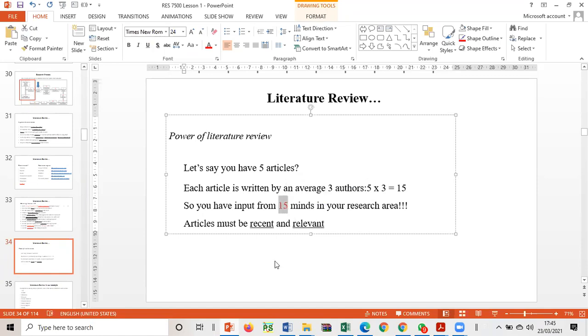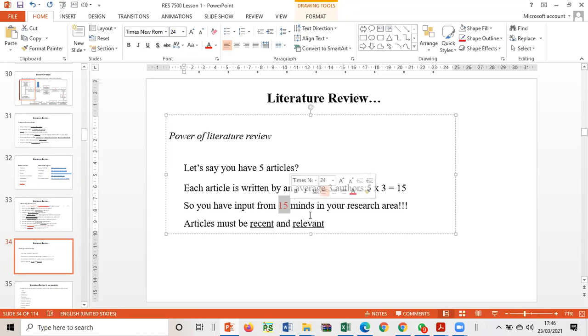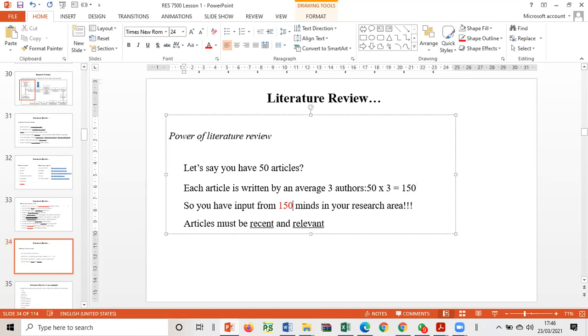That's why somebody asked, where do you get help from in your area? In this area, fifteen people. The more you go into this, let's say I go to 50 articles, how many supervisors will you have? 150 supervisors. What else do you want?